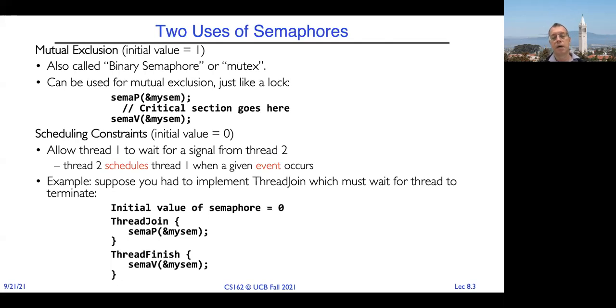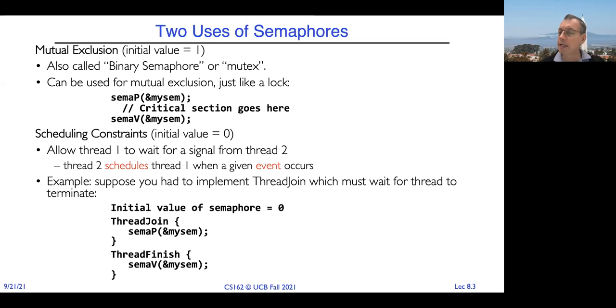So you initialize the semaphore to 0, and the thread who waits for another thread to finish just calls P, right? And the other thread, when it finishes, calls V.